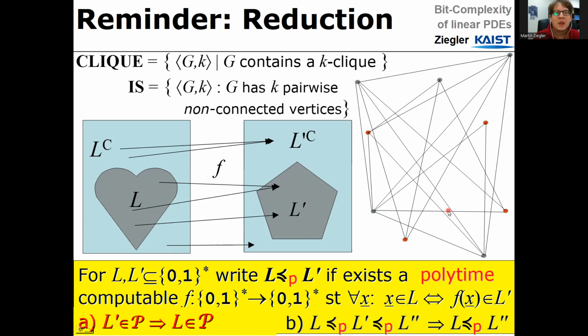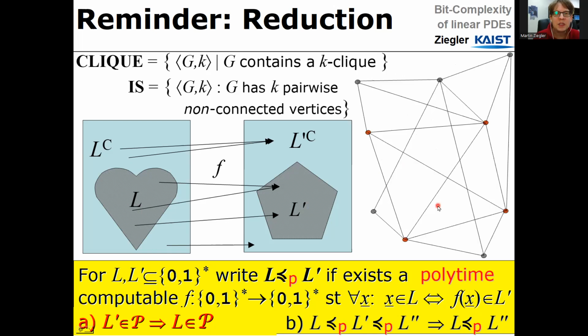So this asks whether this graph has 4 vertices which are pairwise non-connected. And you see that this is a positive instance. The decision problem for this instance is to be answered with yes, because the red vertices are indeed 4 vertices that are pairwise non-connected. So this graph has 4 pairwise non-connected vertices, a positive instance of independent set.